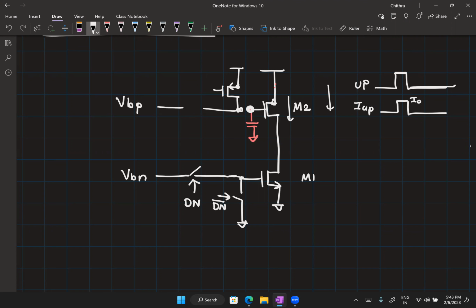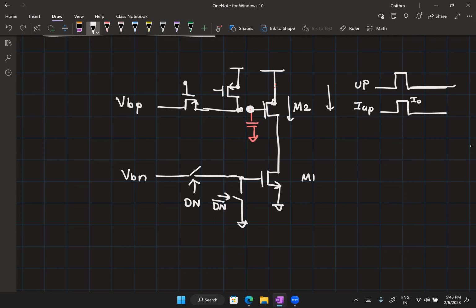What about this voltage? Is VBP closer to ground or closer to VDD? VBP will also be closer to VDD. It will be VDD minus some VSG. It is likely to be closer to VDD than closer to ground. So this is also another PMOS.